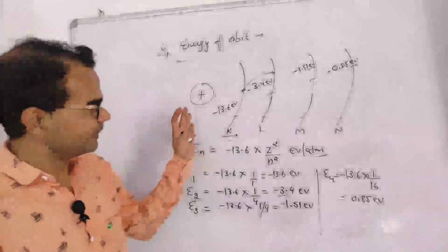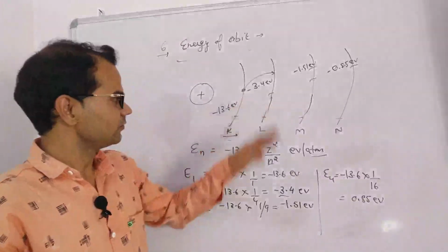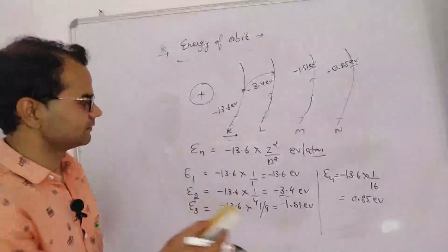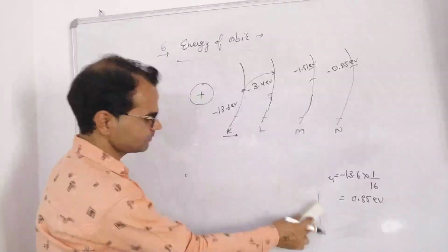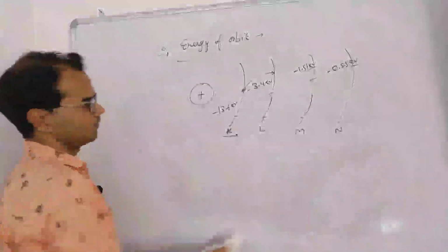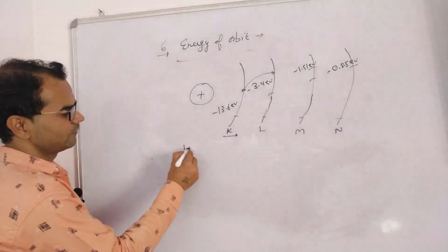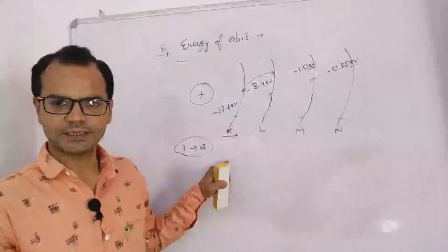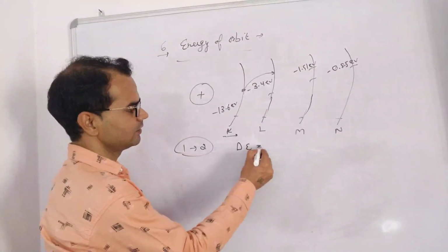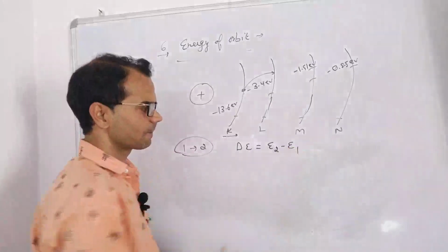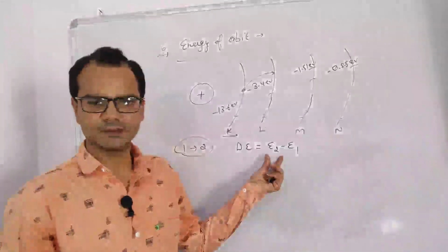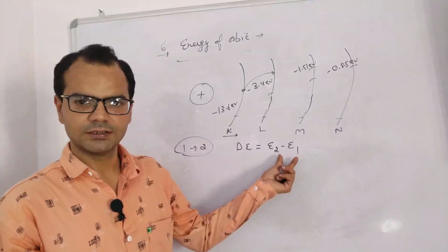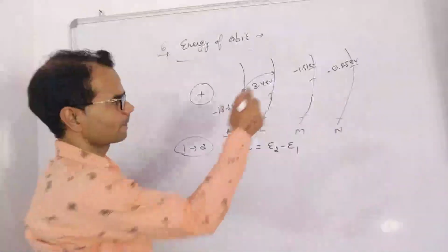So if we have to find the excited state energy value, what to do? Just find the difference, delta E. Let's find. For example, if the electron is jumping from the first shell to the second shell, then delta E will be E2 minus E1. E2 represents the higher energy orbit and E1 represents the lower energy orbit.